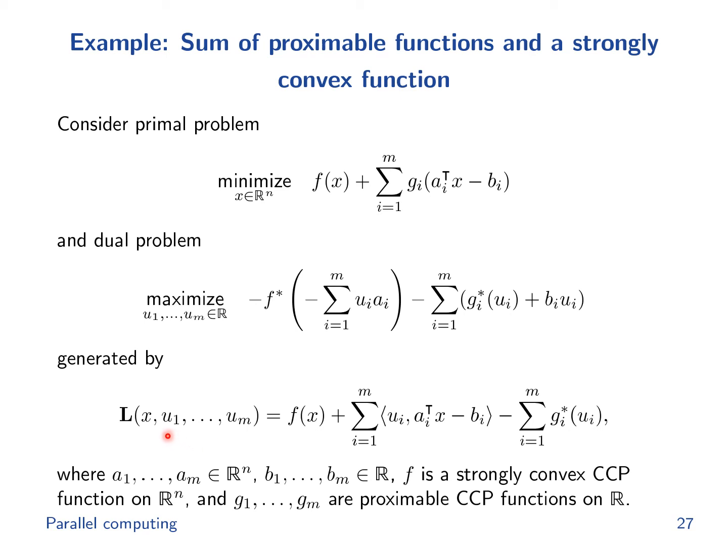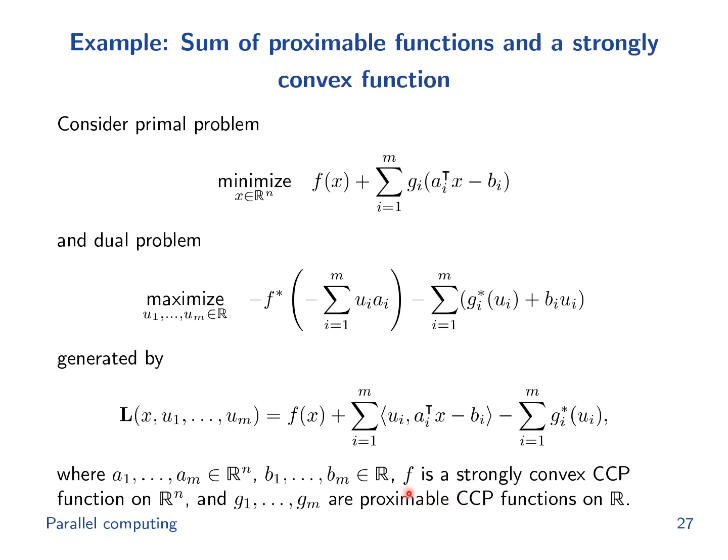When we fix all the scalars u and minimize over x, we can generate this dual objective function, where the first part is a single function, the convex conjugate of f, or f star, of a sum. Inside the sum, each ui is a scalar, every ai is a vector, and the second part of the objective is decomposed as separable functions of ui's.